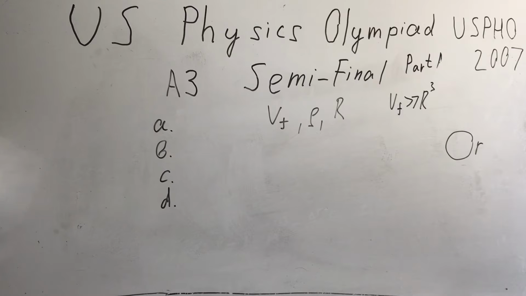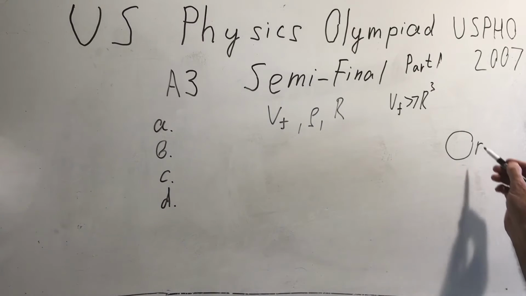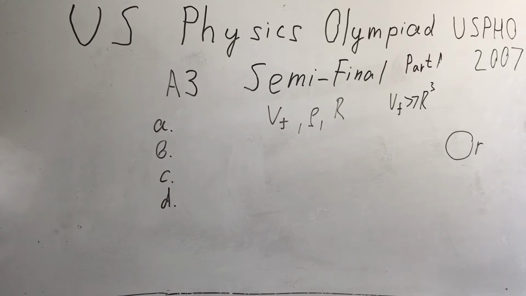Question A. Calculate the electrostatic potential energy of a single drop. If we have a drop with a radius r with a uniform density ρ, we can calculate the potential energy of the electrostatic forces in this drop.